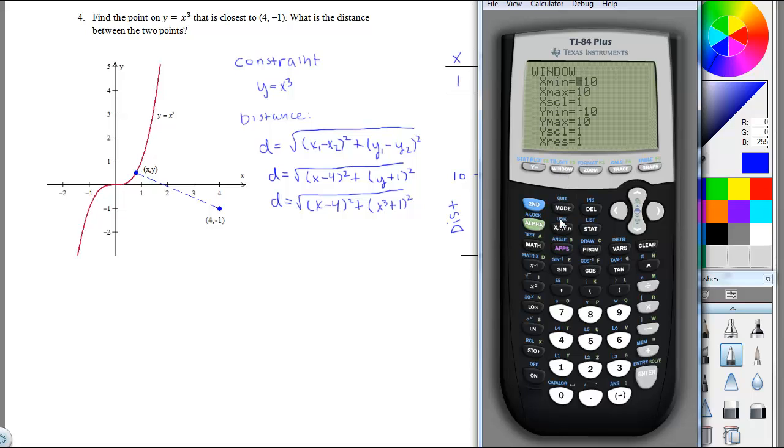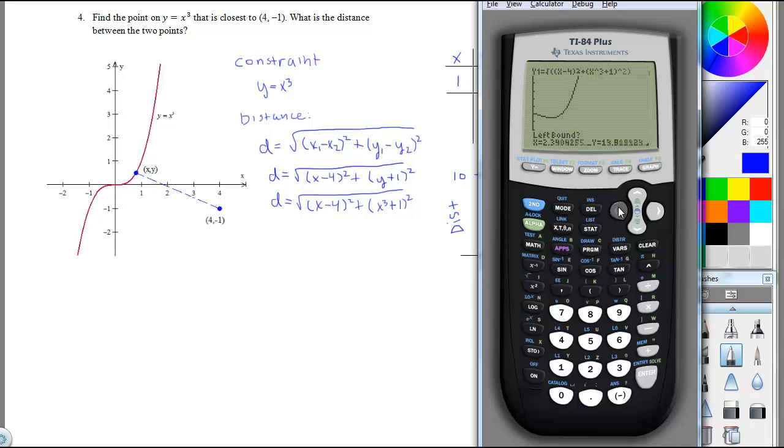And my window, I only want 0 to 10 and maybe 0 to 5. Whew. So even 5 was too big. I'm going to adjust that window and just, no, it was a 10 that was too big. I did that backwards. It was 0 to 5 on the x-axis and 0 to 10 on the y-axis. So that's a little bit better, and 5 is a little bit big, but this will suffice in finding the minimum.